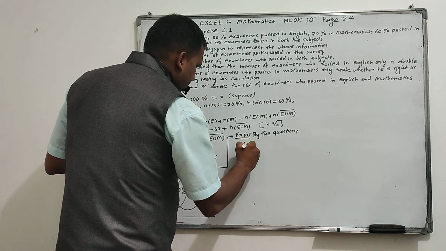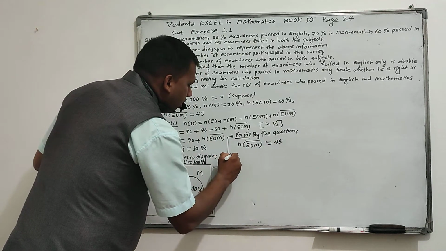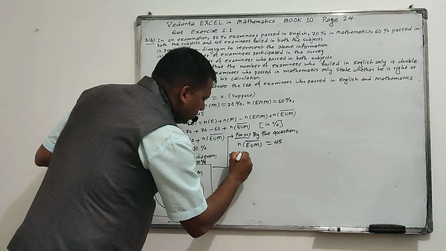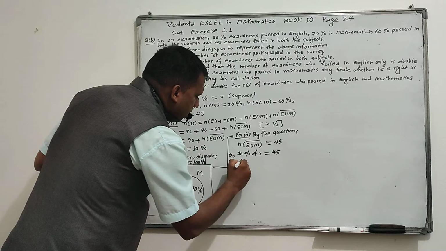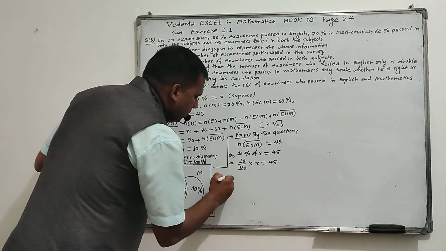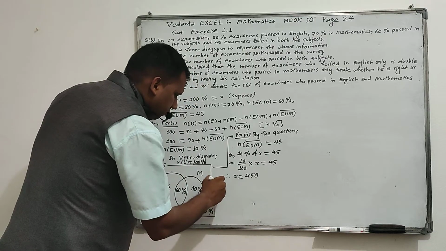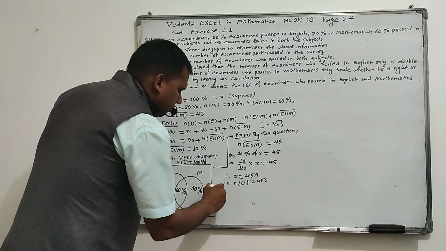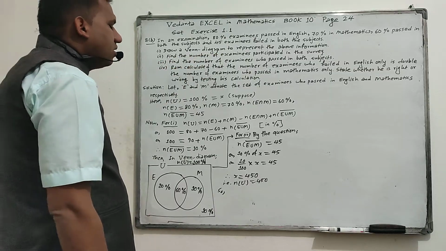Number of E union M both complement equals 45, that is 10% of total X. So 10% of X equals 45, or 10 upon 100 times X equals 45. Therefore, X equals 450. That is number of U equals 450. So the number of examinees participating in the survey is 450.